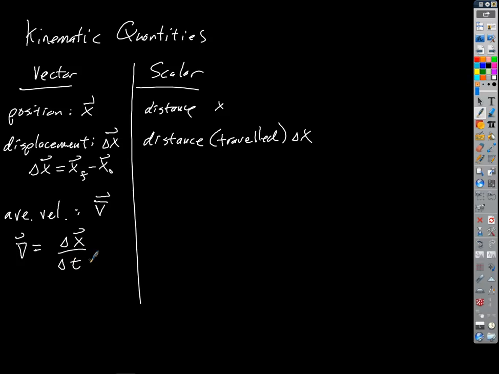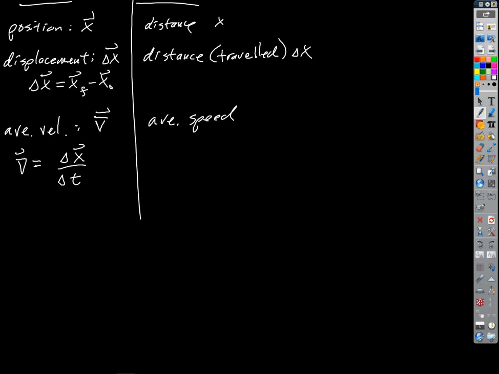And if we start at time 0, delta t is just the same thing as t, isn't it? The amount of time it took. Does that make sense? Okay, so there's average velocity. And then average speed would be the scalar analog, right? And instantaneous velocity, we could just call v without a bar.